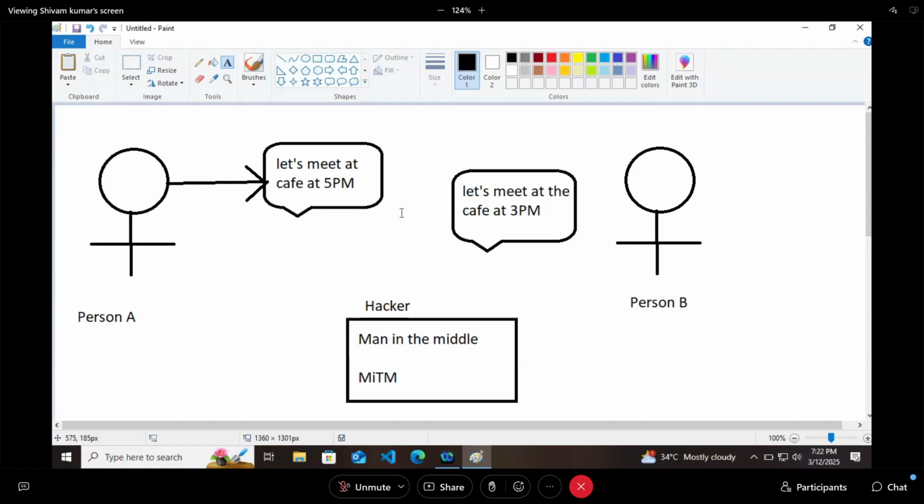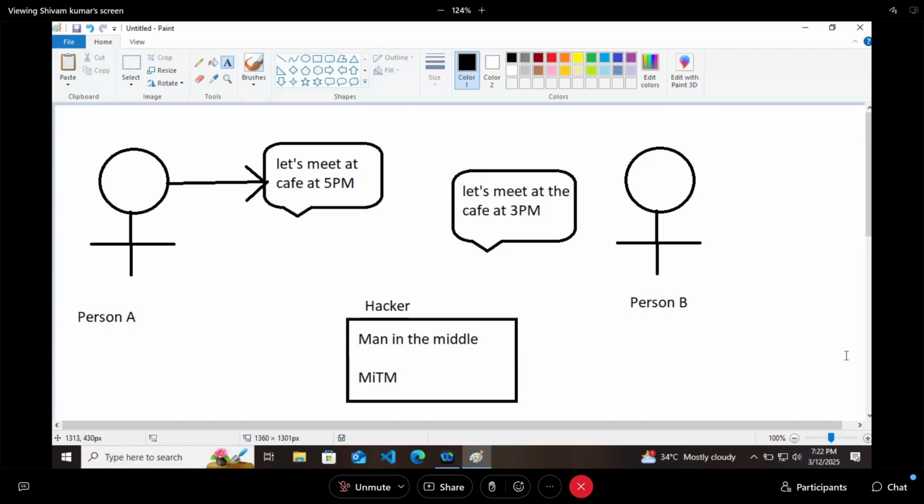So when developers, or you can call them scientists and all those people, talked about it, they found a way in between. They decided, okay, let's try to protect this communication. How will they protect this communication?